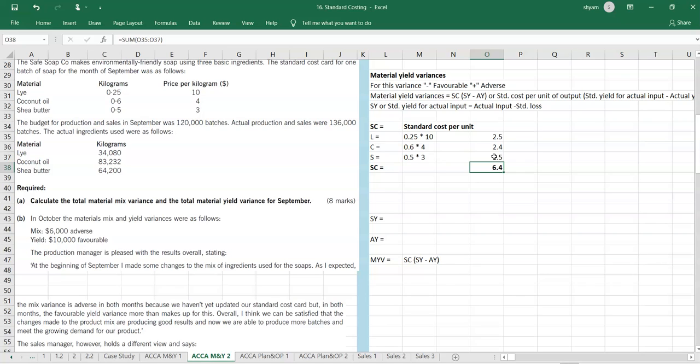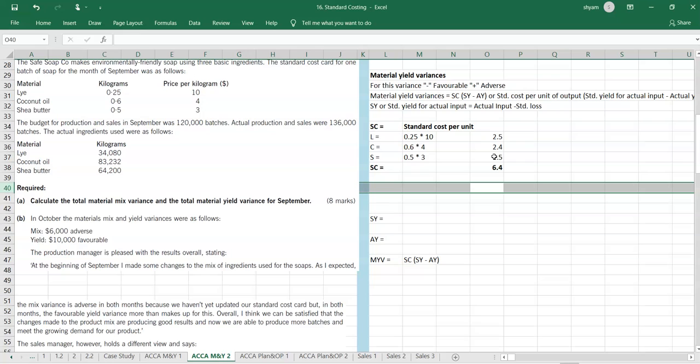So it comes to 6.4. So the standard cost per unit is 6.4.